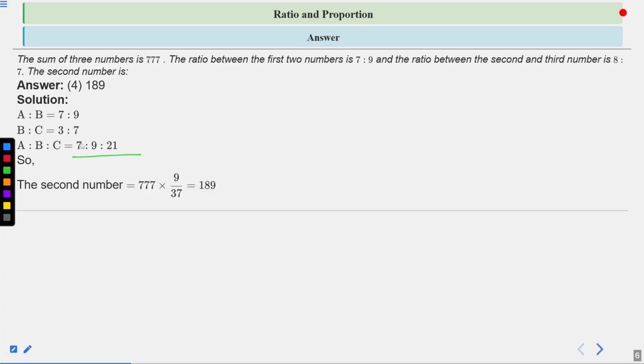So the total units of the sum of A, B and C is 37 units and B has 9 units. The sum of the three numbers is given, which is 777. So we calculate 9 units out of 37 units, because the value of 37 units is 777. So we can say 777 into 9 upon 37. When we simplify it, we get 189. The fourth one is the correct answer of this question. Next one.